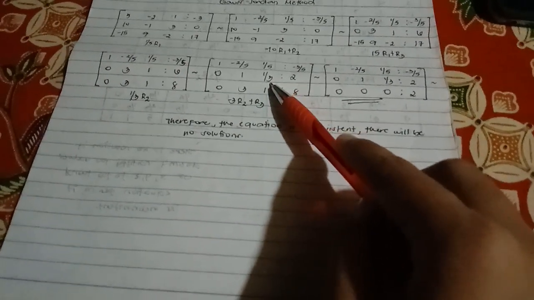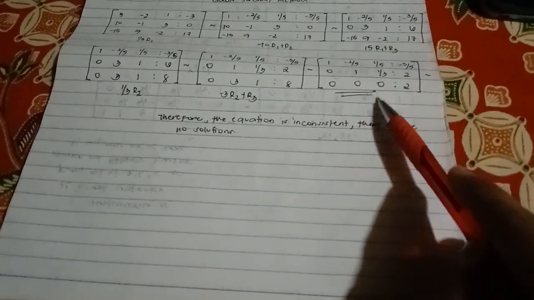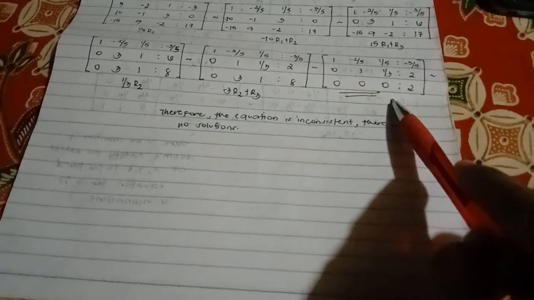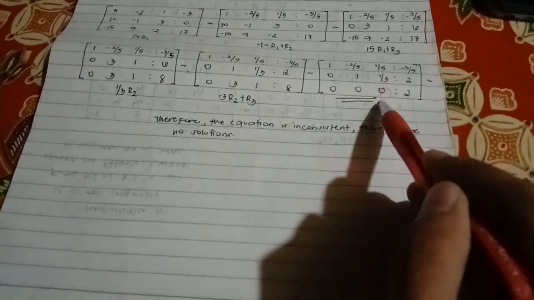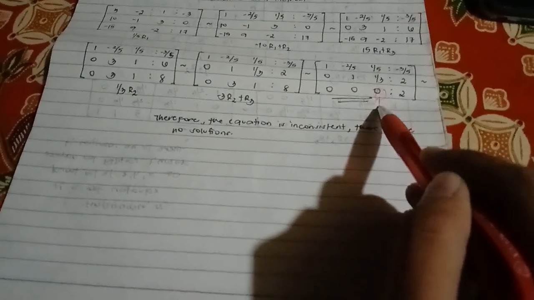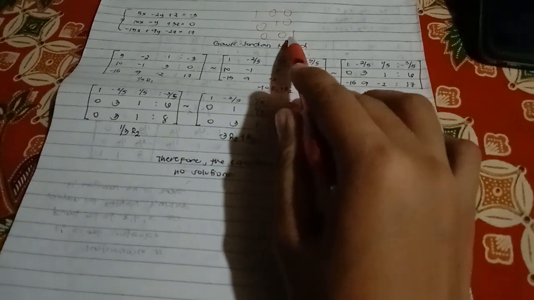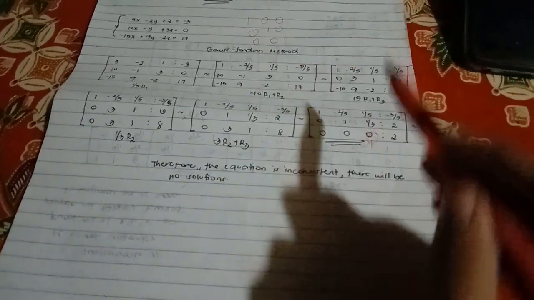Negative 3 times negative 1 over 3, rather, plus 1 is equal to 0. So as you can see in the third row, it is 0, 0, 0. The third column should be 1 here, as you can see in the identity matrix.